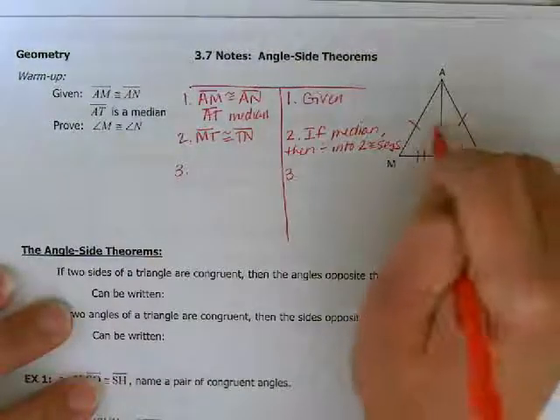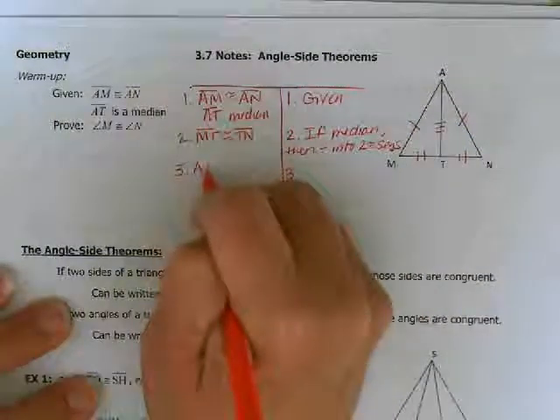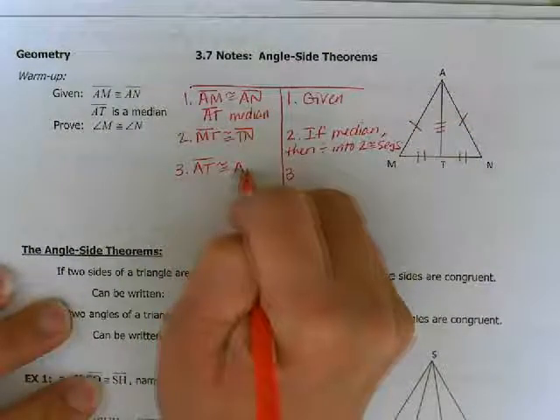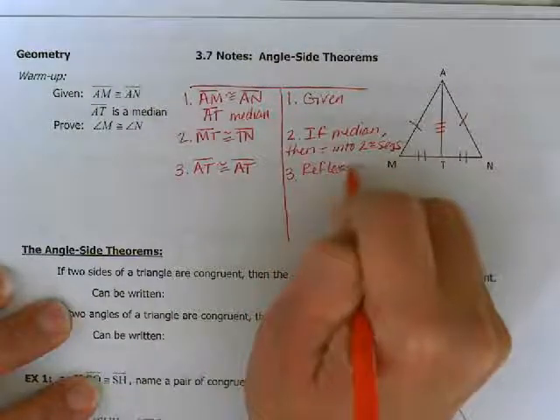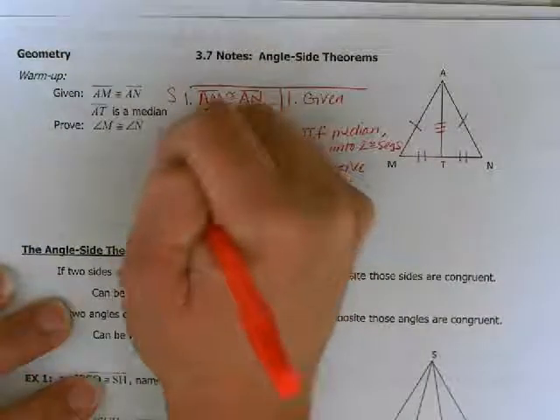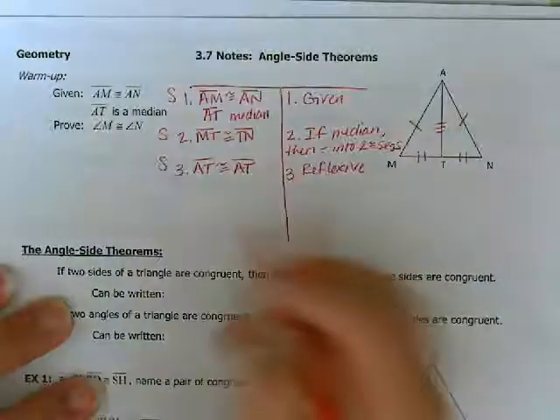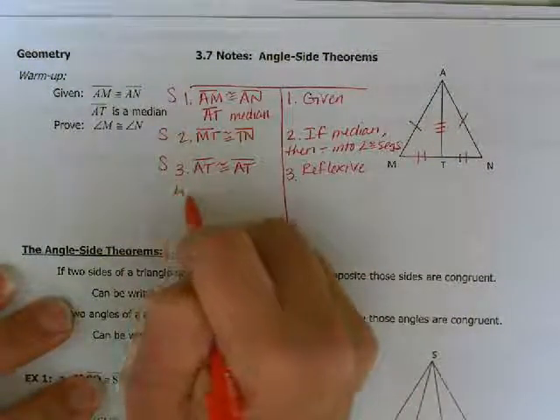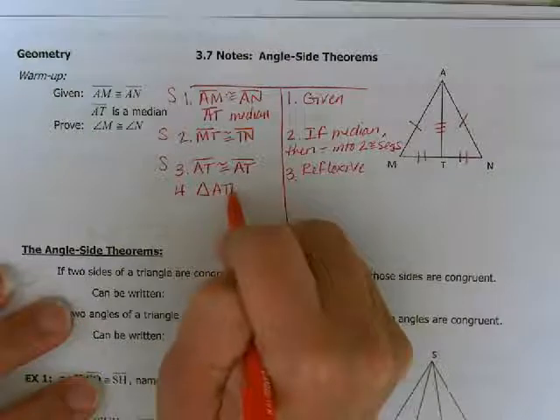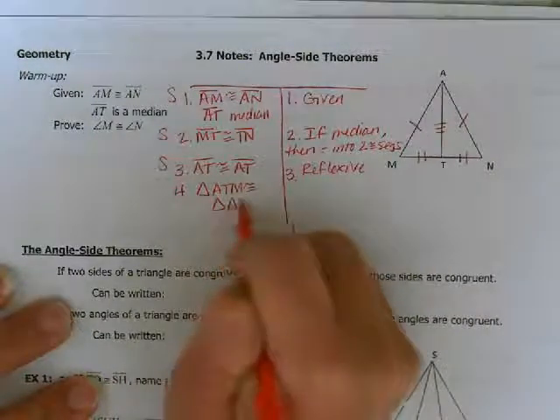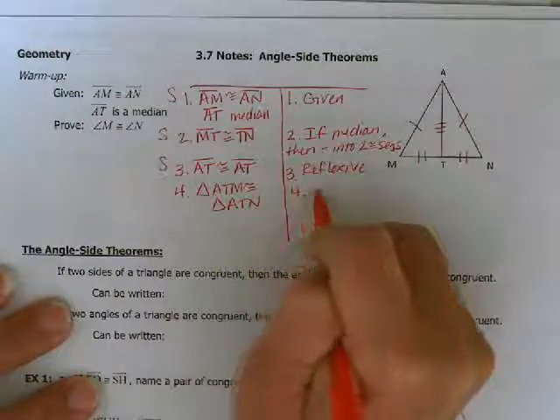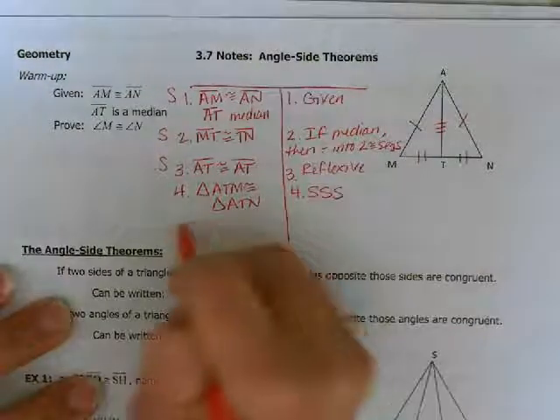And then in step 3, we can say that segment AT is congruent to segment AT by reflexive. So we have side, side, side, and we can say that triangle ATM is congruent to triangle ATN by side, side, side.